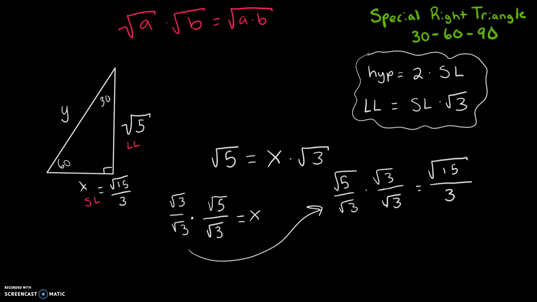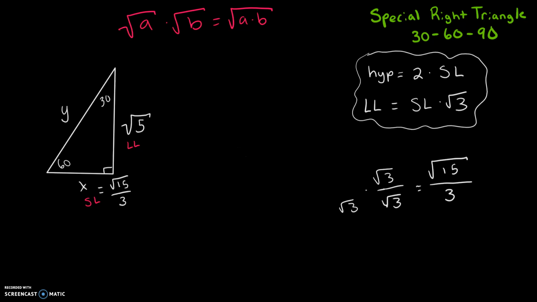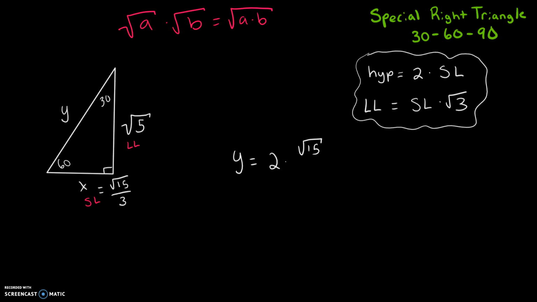So now we will use our formula for the hypotenuse. Our hypotenuse, y, is equal to 2 times our short leg. And our short leg is now known as the square root of 15 over 3. And that just simplifies real nice to 2 square roots of 15 over 3.